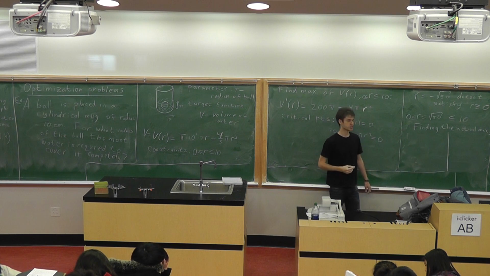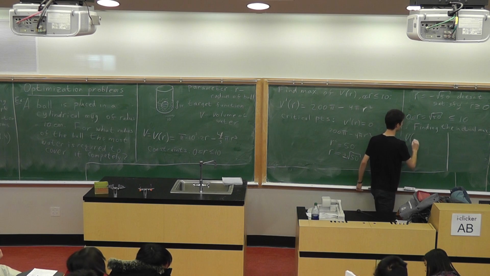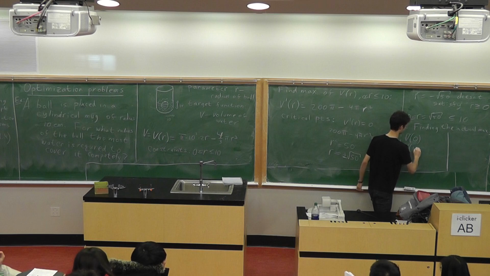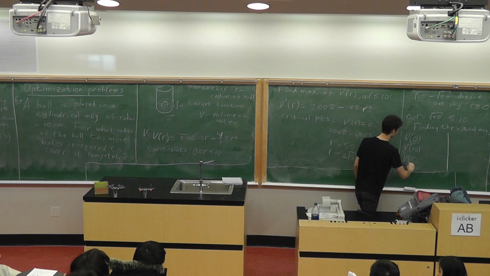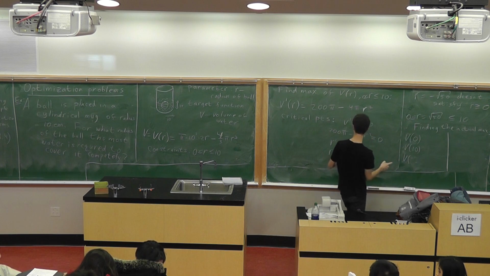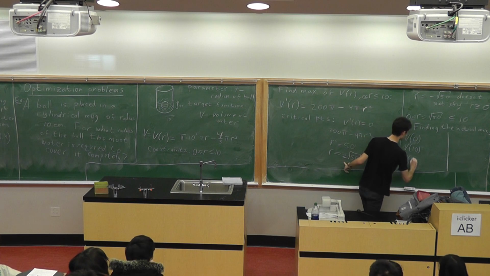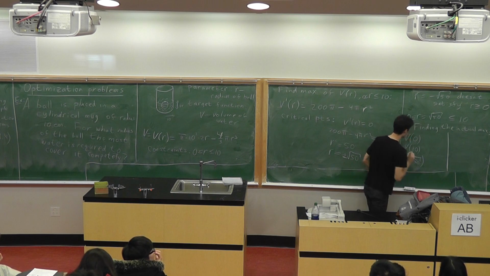One way is just to notice that my function is continuous, and then I'll compute V at the endpoints, and also V at square root of 50, and then compare those.